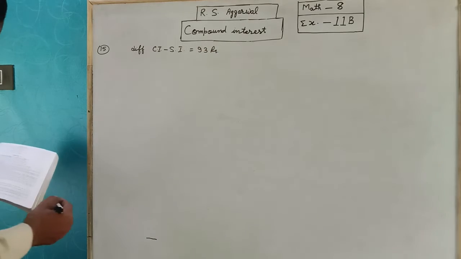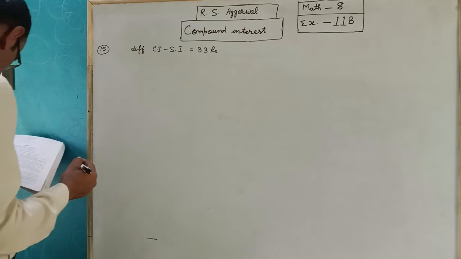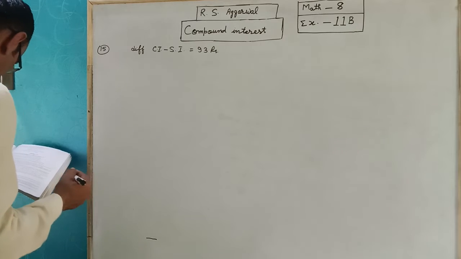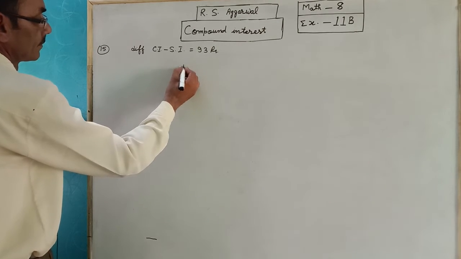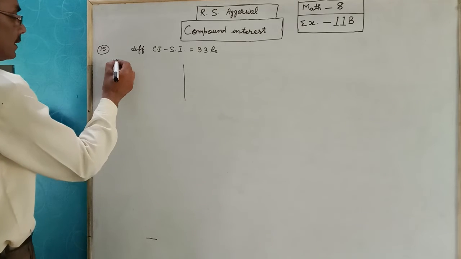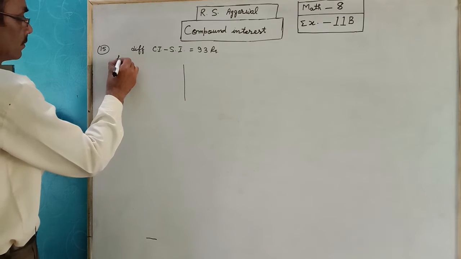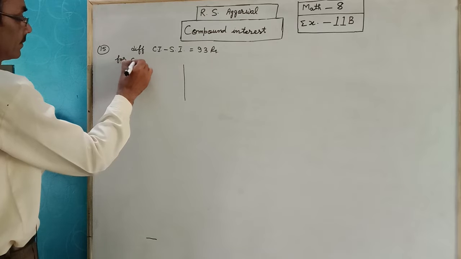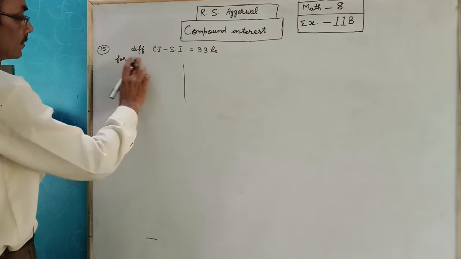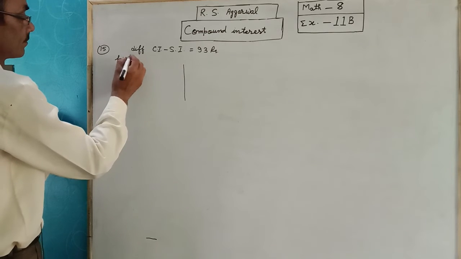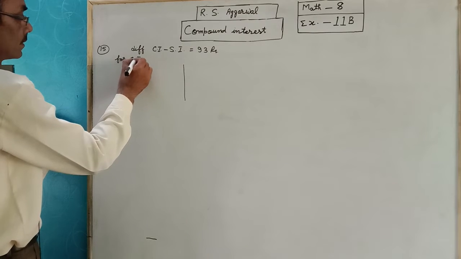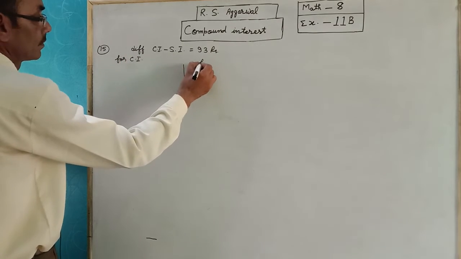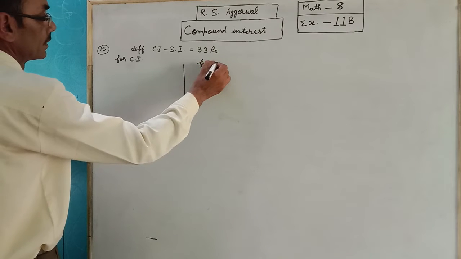R is equal to and time is equal to given. Now write the question for CI and for SI.